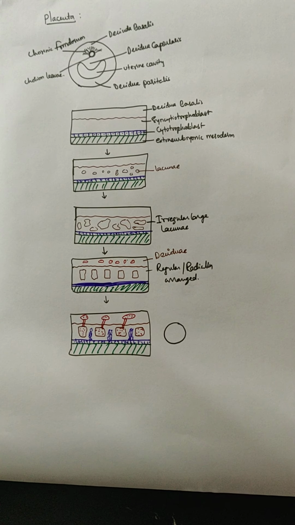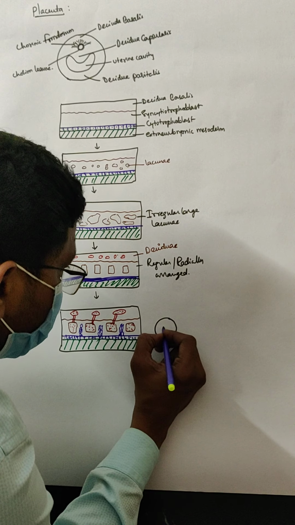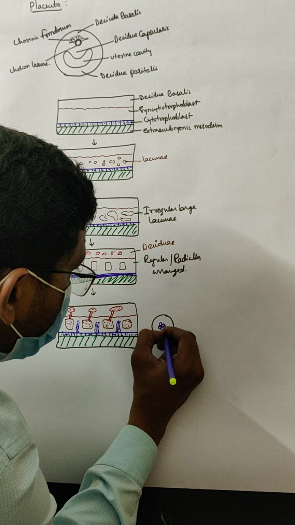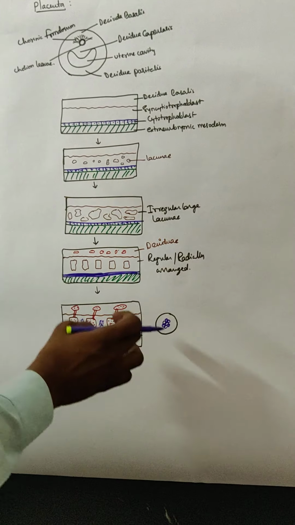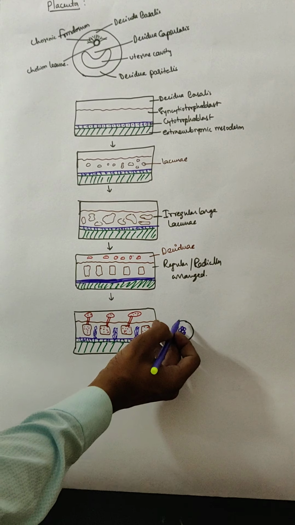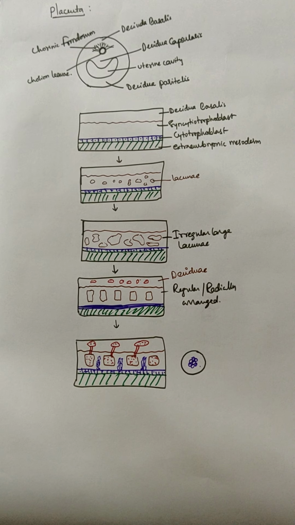Within this layer, you can see that in the central region you will have the cytotrophoblast cells, okay, and also you can see a space between this syncytial trophoblast, which is black in color, and the cytotrophoblast, which is nothing but the intervillus space.